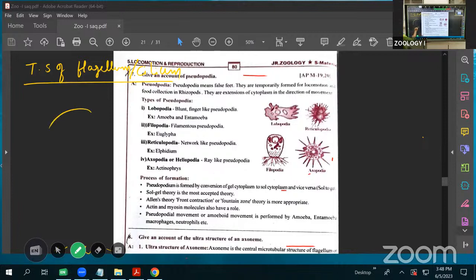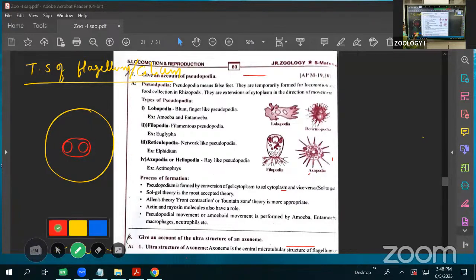the outer part has 9 plus 2 tubules present. What do 9 plus 2 tubules mean? See this one. Centrally, 2 singlets are present, single microtubules like this.